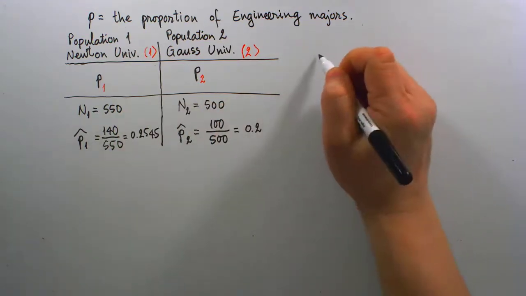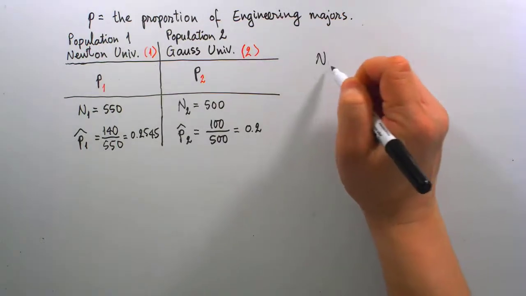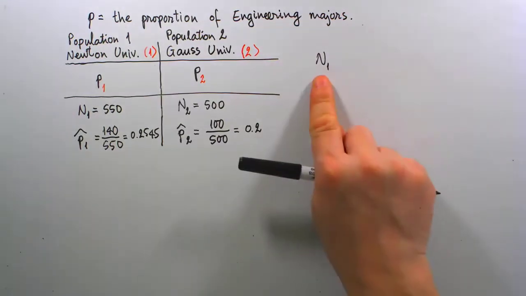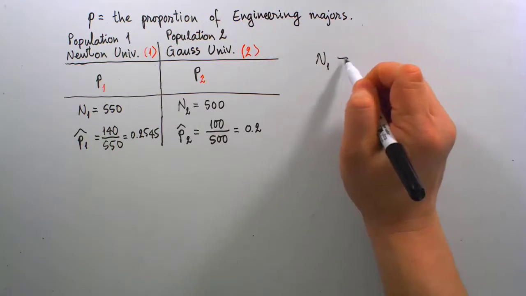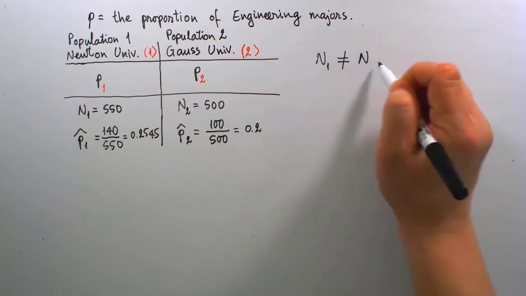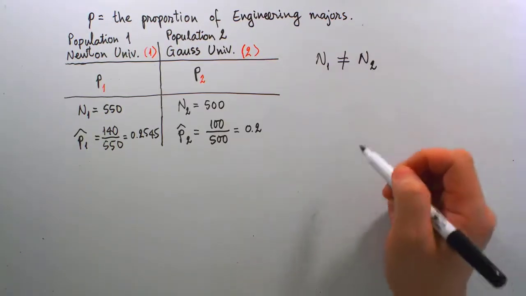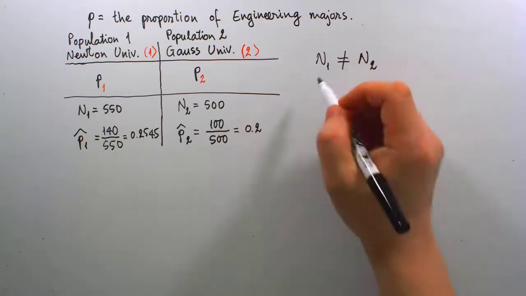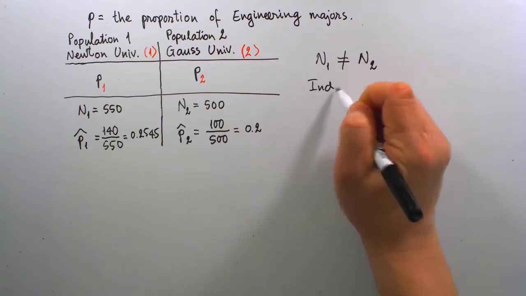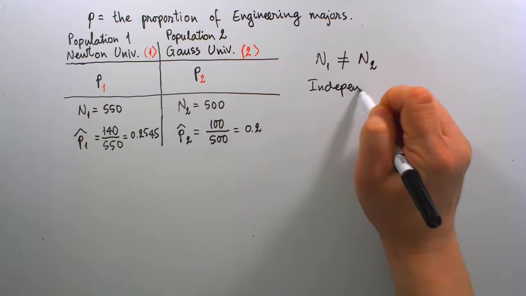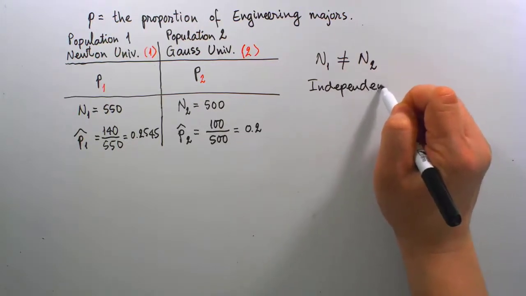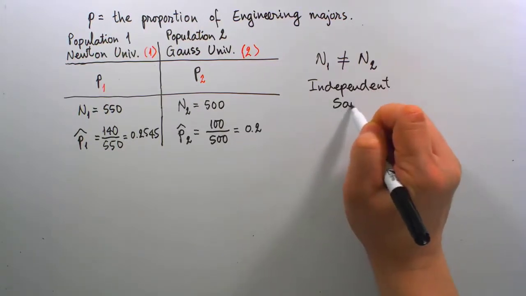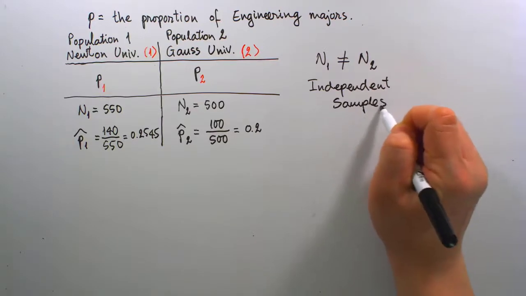And so that once again enforces the understanding that the sample size n1 is not required to equal the sample size n2. And in this way, we are clearly working with independent samples. The two samples we're looking at here are intended to be independent samples.